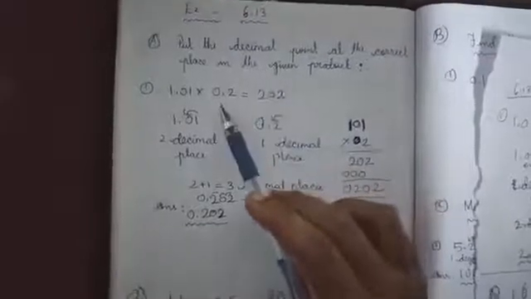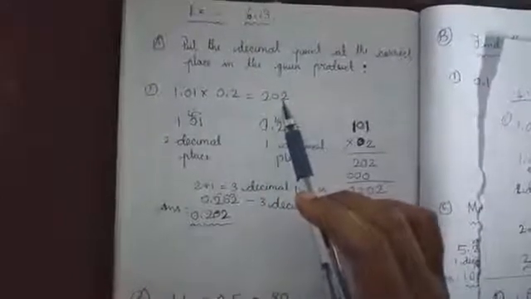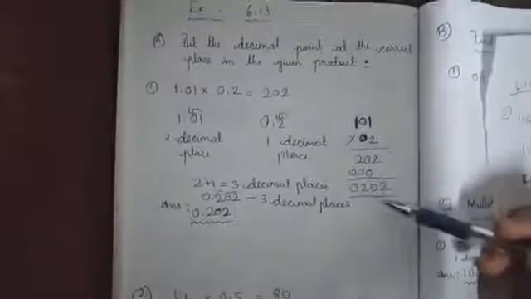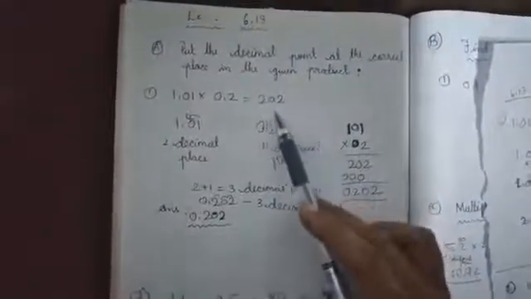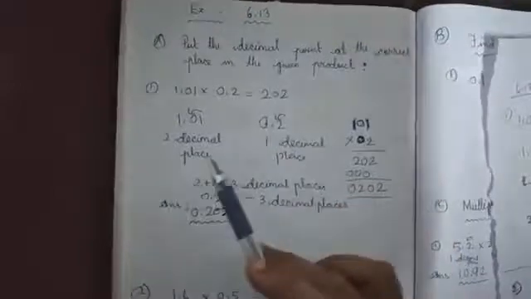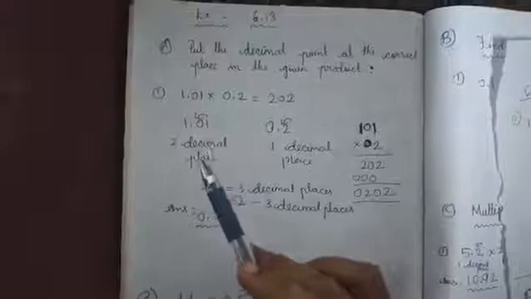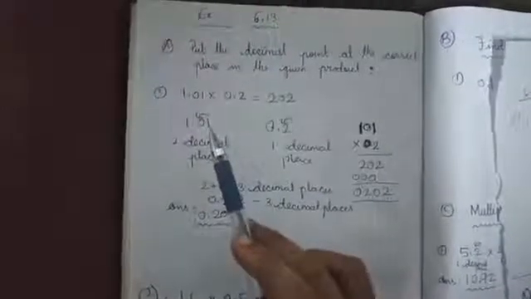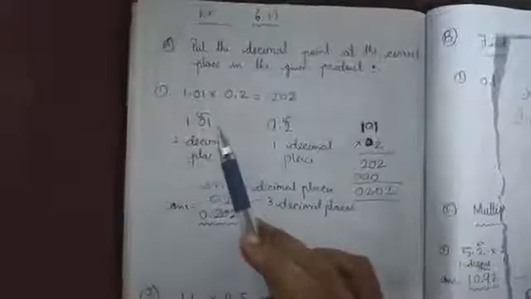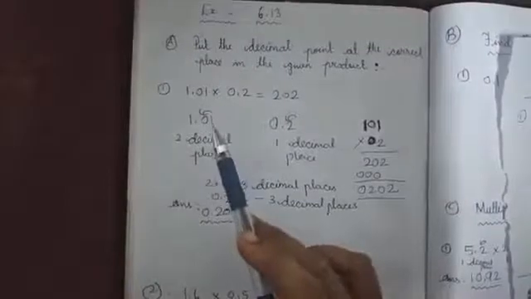In the question, they have already given the product; the multiplication is already done, but we have to put the decimal point. As I told you, see the numbers on both sides. Here, from the right side, before the decimal point, we count 1, 2.